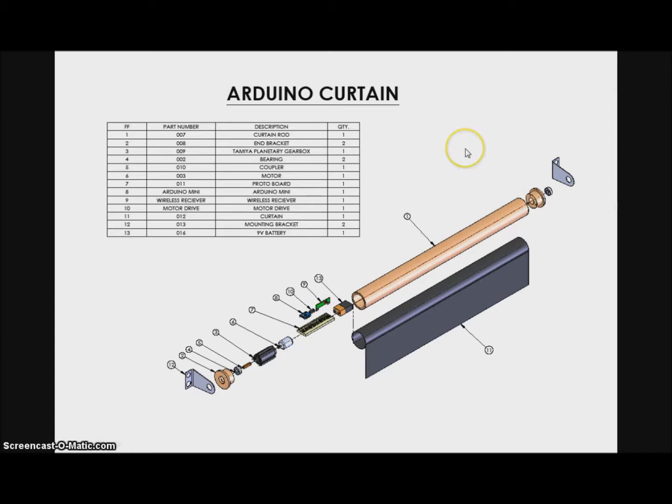That was the tilting webcam. The next part of this project was to make a curtain that would roll up and down from a given input.